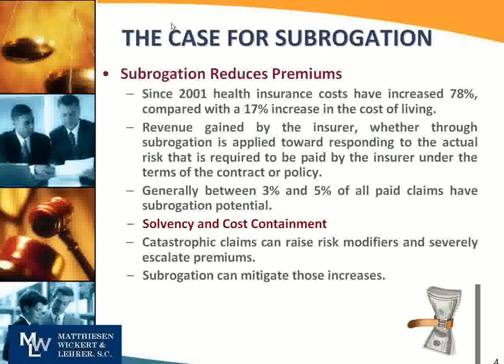And it's explained this way. Basically, revenue is any money coming into the insurer, whether through subrogation, premiums, or anything else, and it is applied toward responding to the actual risk that is required to be paid by the insurer under the terms of the contract. So what does that mean?